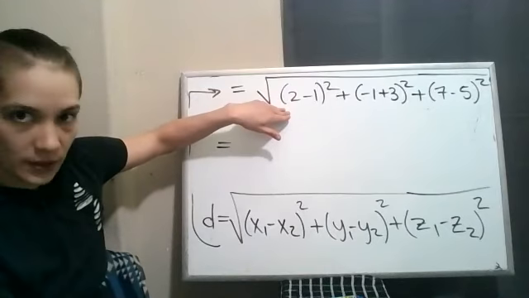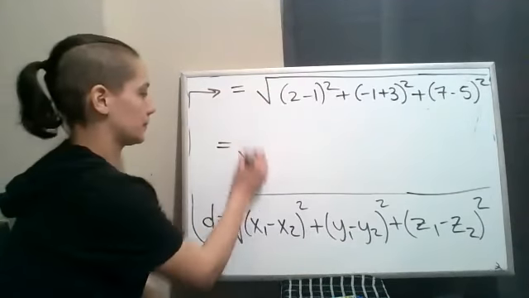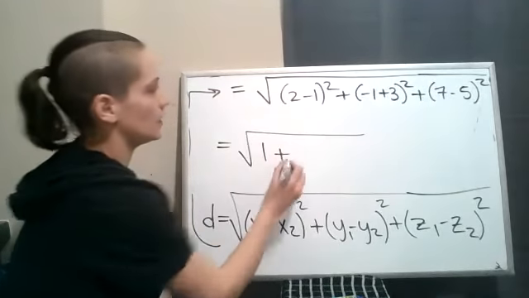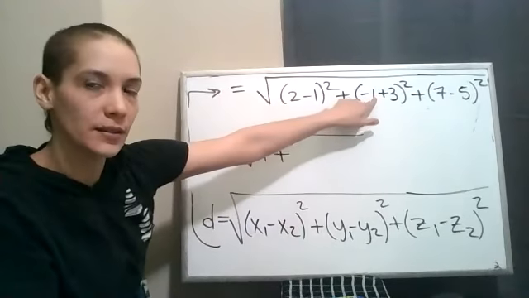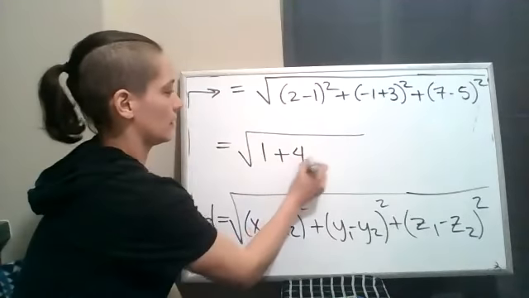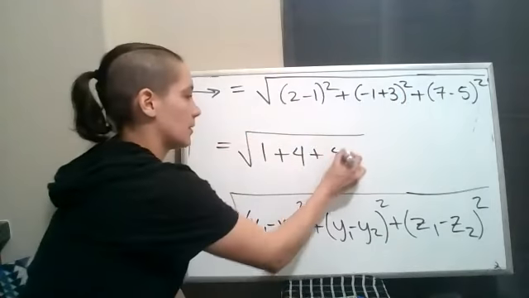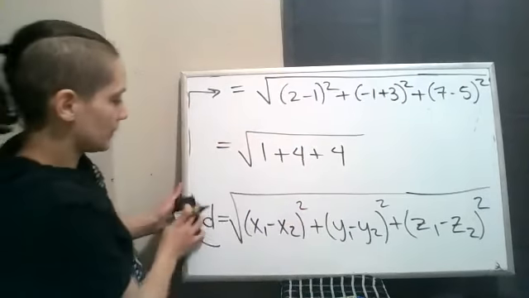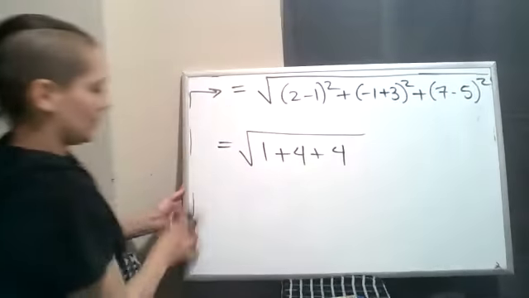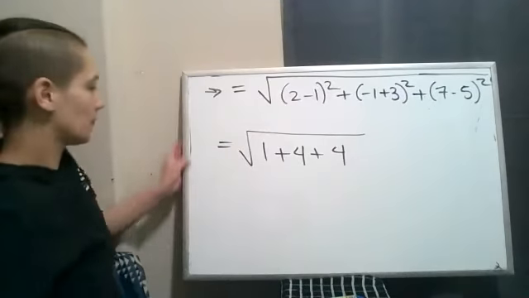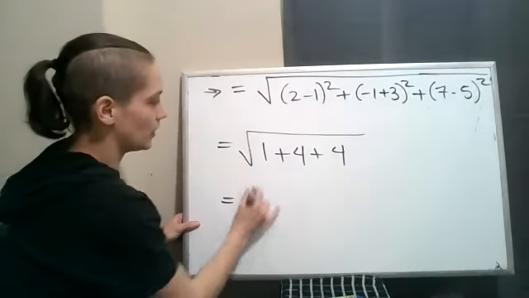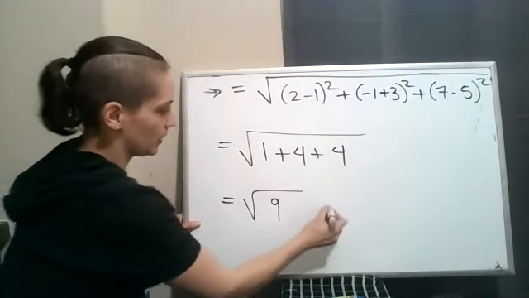All right, we've got 1 squared, which is 1. Added to 2 squared, 4. And that last one is another 2 squared. Root of 9 is going to be 3.